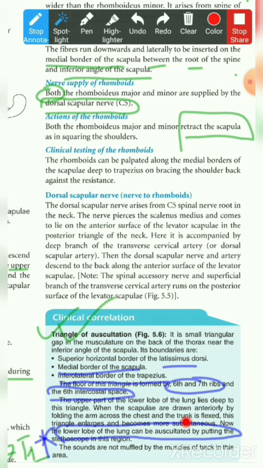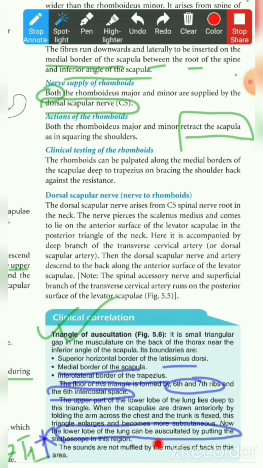The lower lobe of the lung can then be auscultated by putting the stethoscope in this region. That means the lower lobe of the lung comes to a very superficial position in this triangle, so we can easily auscultate this region by stethoscope. For auscultation purposes, this triangle is very important.